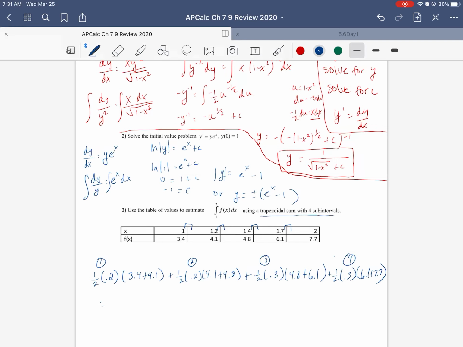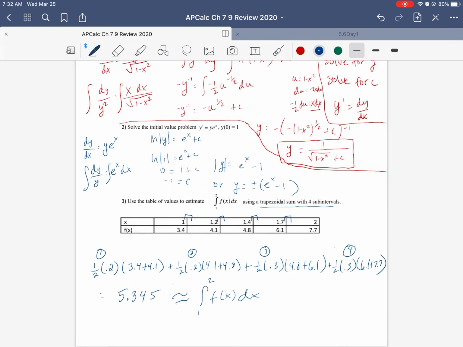All right, I'm getting an answer of 5.345, and that's approximately equal to the integral from 1 to 2 of f of x dx.